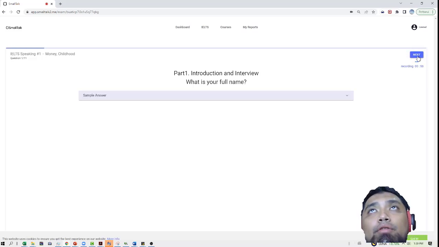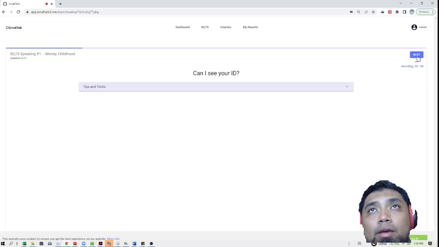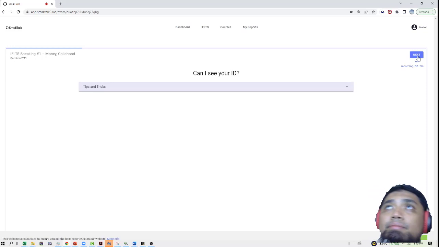Okay, my full name is Muhammad Farid Marikar, and you can call me Farid. And this is my ID card that I use for IELTS test registration.